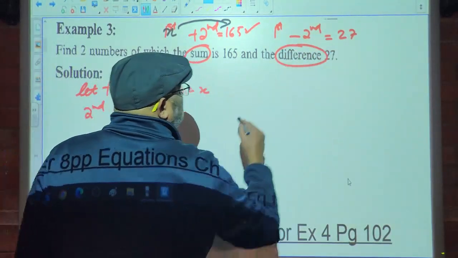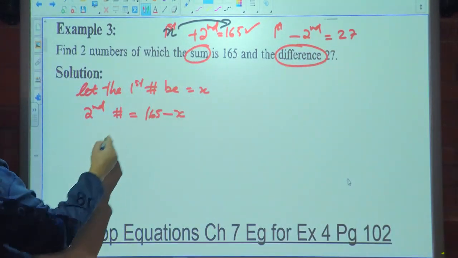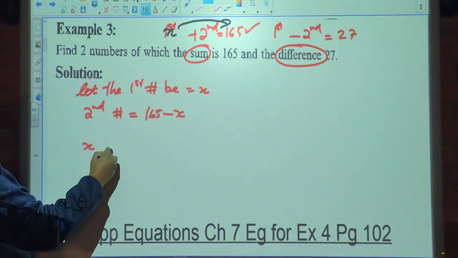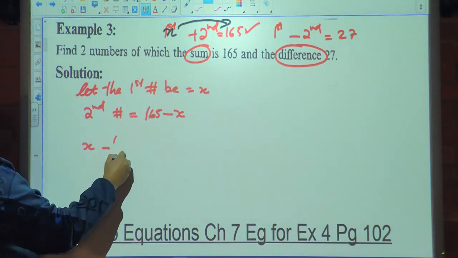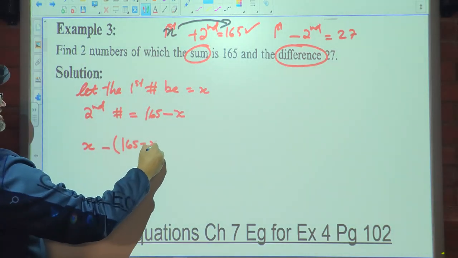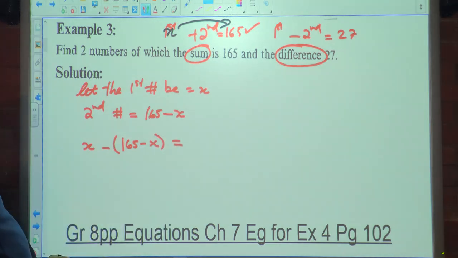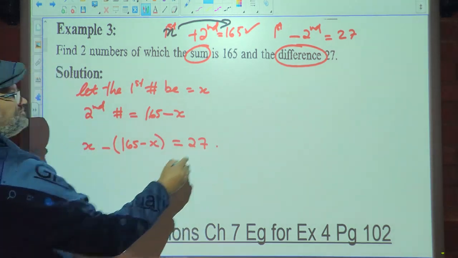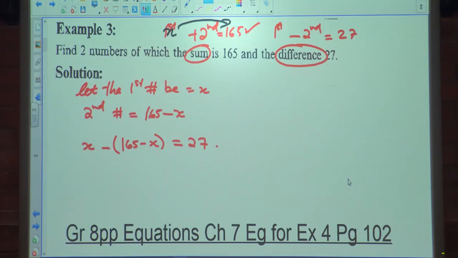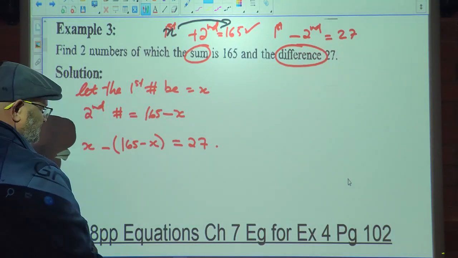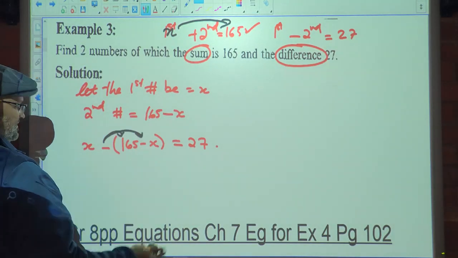The difference is 27. So what is the first number? x minus the second number, which is 165 minus x, gives you an answer of 27. Okay, again a simple equation. We'll get rid of the brackets.